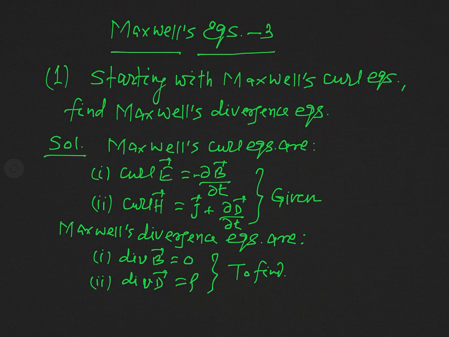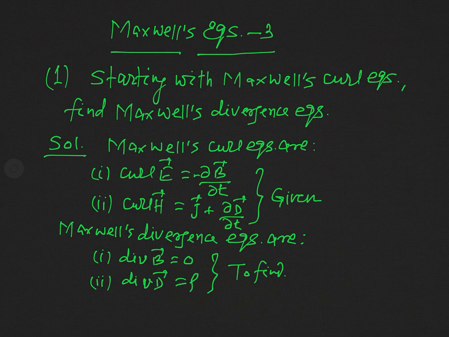As you know, what are Maxwell's curl equations? Actually, there are two curl equations of Maxwell. The first one is curl E equal to minus del B by del T, and another is curl H equal to J plus del D by del T. So in accordance with this problem, these two equations are given to you, and you have to find the divergence equations of Maxwell.